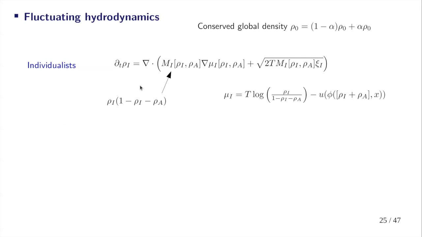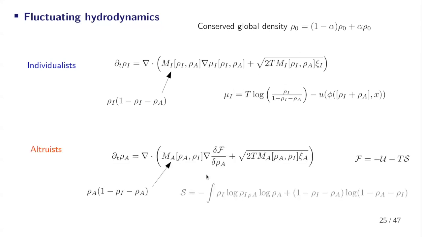So the equation for individualists will be, of course, similar to the previous one, where you have the mobility that is now proportional to the density of individualists times 1 minus the total density. Still, you have the gradient of a chemical potential, and this chemical potential, just like before, has no reason to be the derivative of a free energy. And you still have the noise.